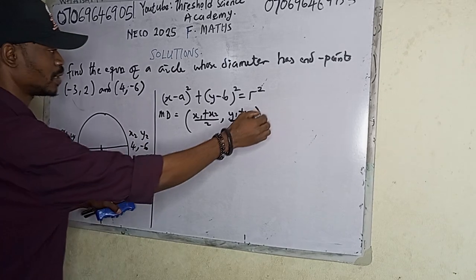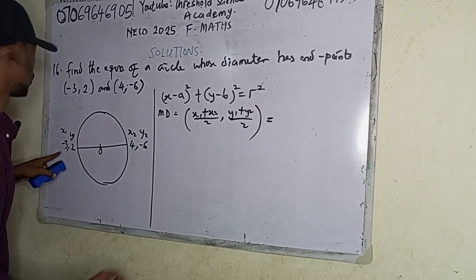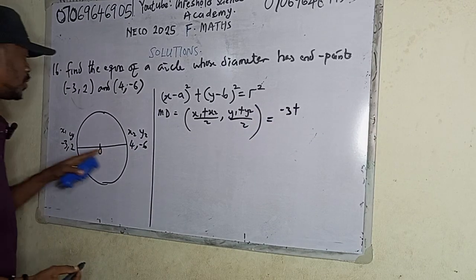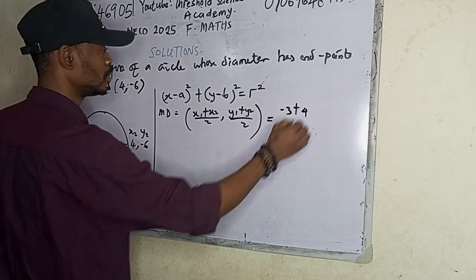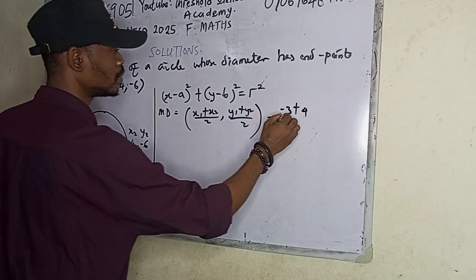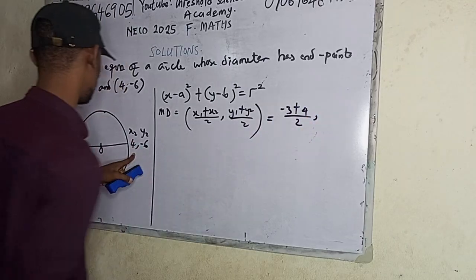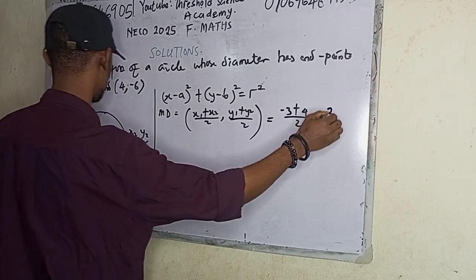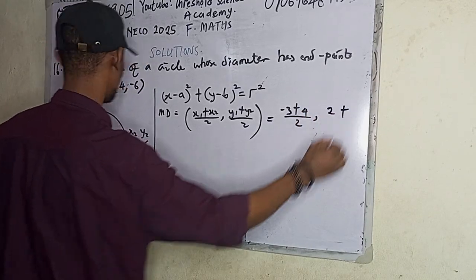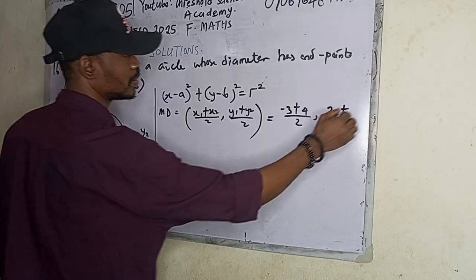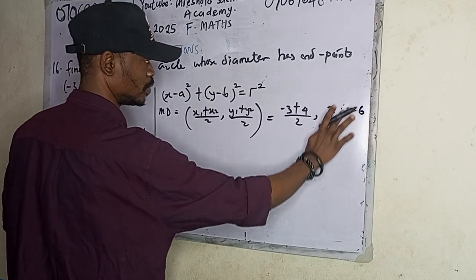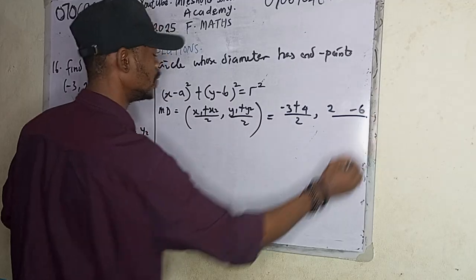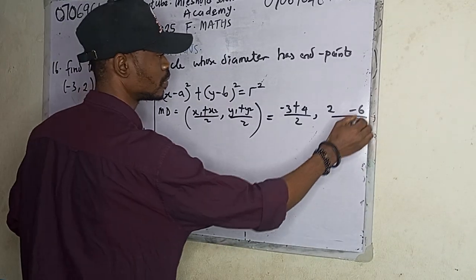So x1 is -3, so we have -3 plus x2 is 4, all over 2, comma, y1, that's going to be 2, plus y2, which is -6, which is going to be 2 minus 6, because plus times minus is minus, all over 2.